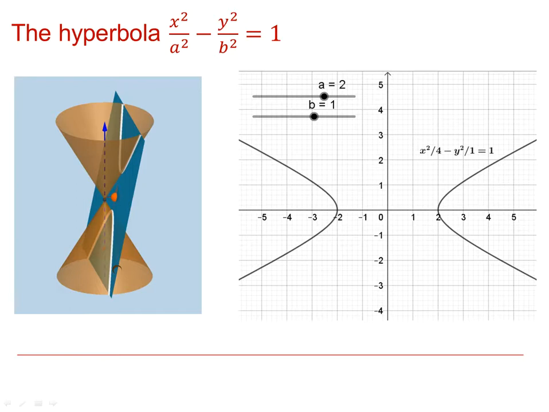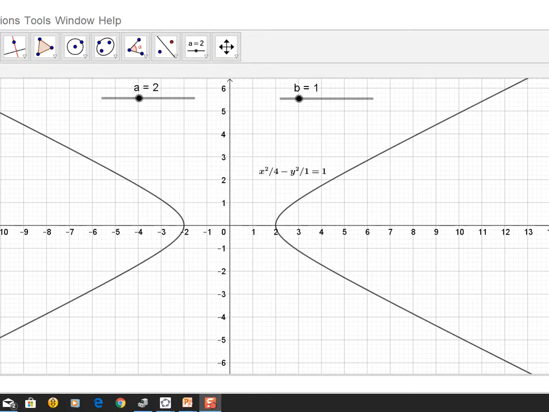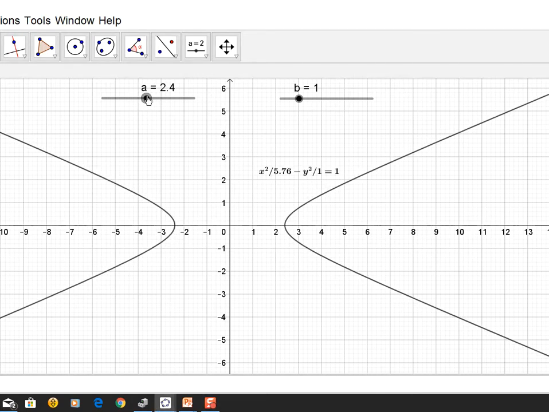Now we can consider what happens for different values of a and b by looking at a GeoGebra file. So this shows the hyperbola we've just been considering with a equal to 2 and b equal to 1. So let's just first change the value of a and see what happens to those points where it's crossing the x-axis.